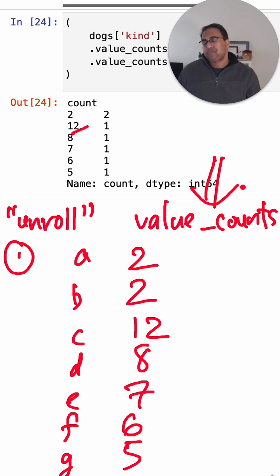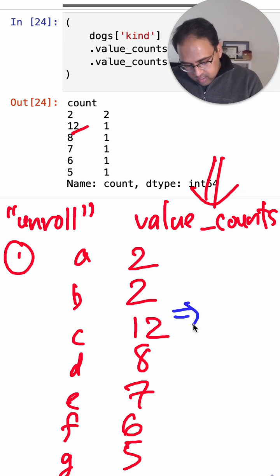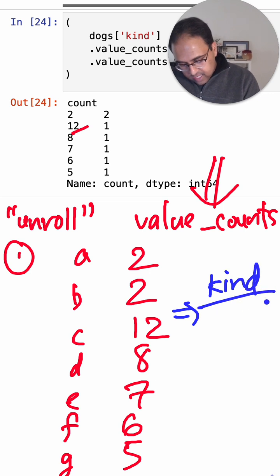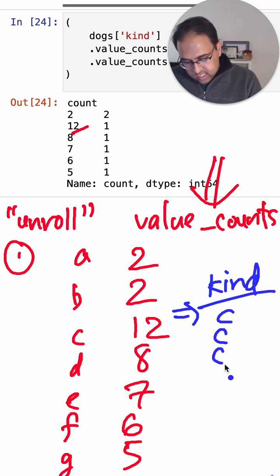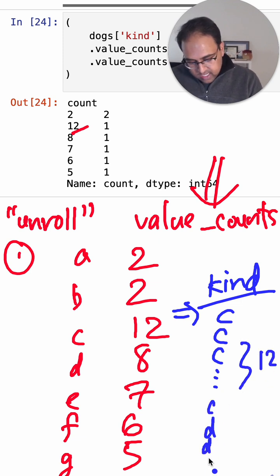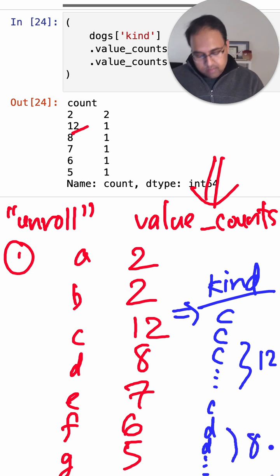So what this is telling me is that the original kind column, so if I unroll again, it's going to look something like C, C, C 12 times, followed by D, D, D 8 times, and so on and so forth.